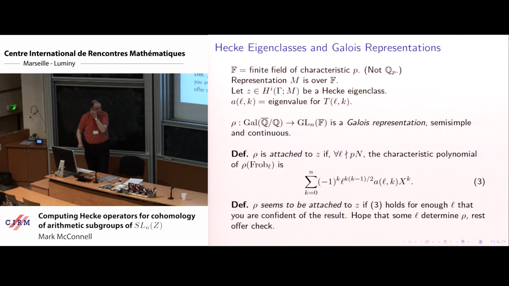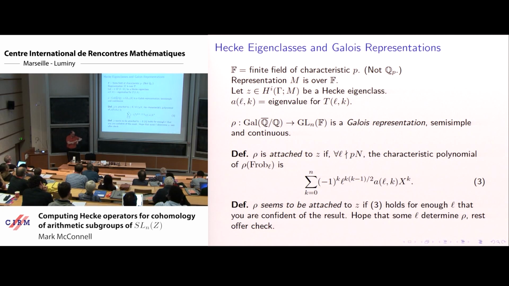Well, let's see. I should finish up in just a few minutes. So far I've described two techniques for computing Hecke operators, but I should end by describing some of our results. I've alluded to Galois representations. Let me remind you a bit about that.